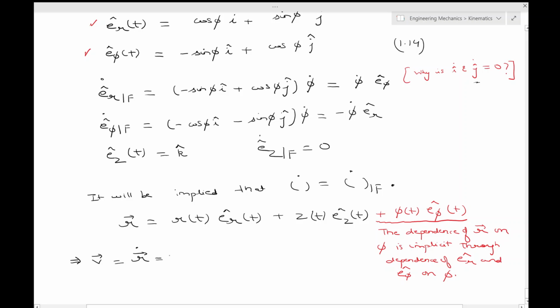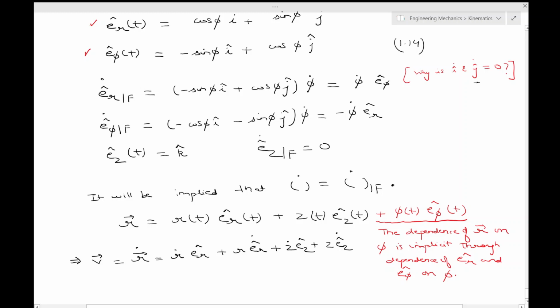So we'll write r dot er hat plus r er hat dot plus z dot ez hat plus z ez hat dot. Okay, so this is what we get as our velocity.